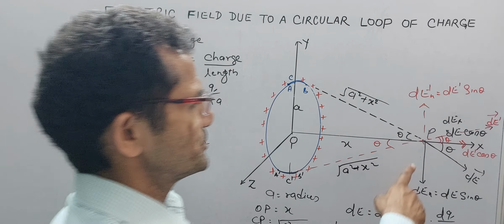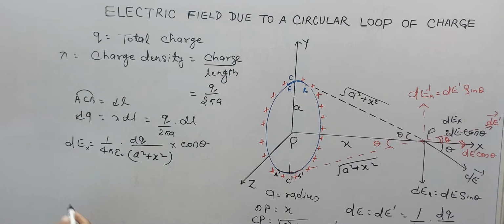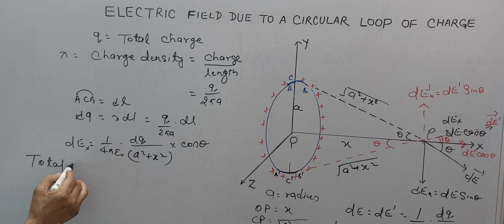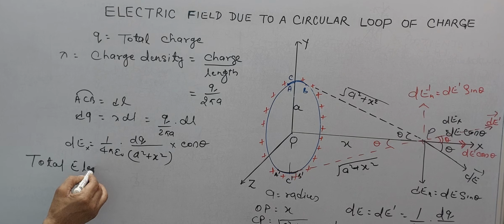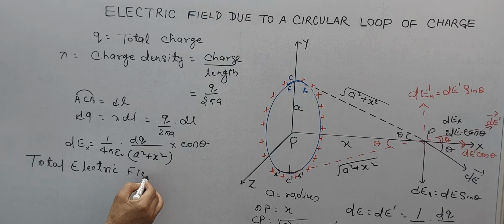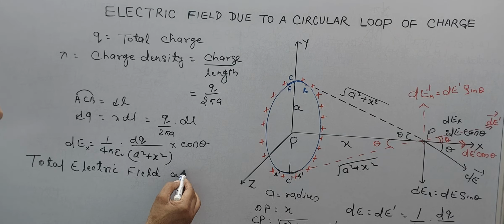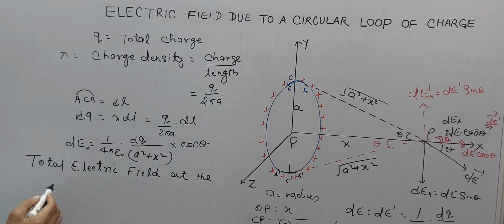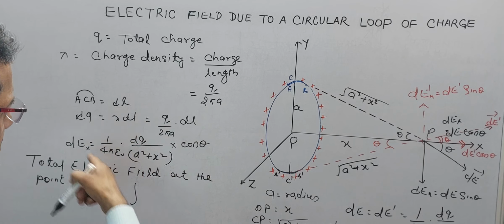The total electric field produced at the point P will be obtained by taking the integration of this one. Total electric field at the point P is equal to, if I represent it by E, the integration of this value.